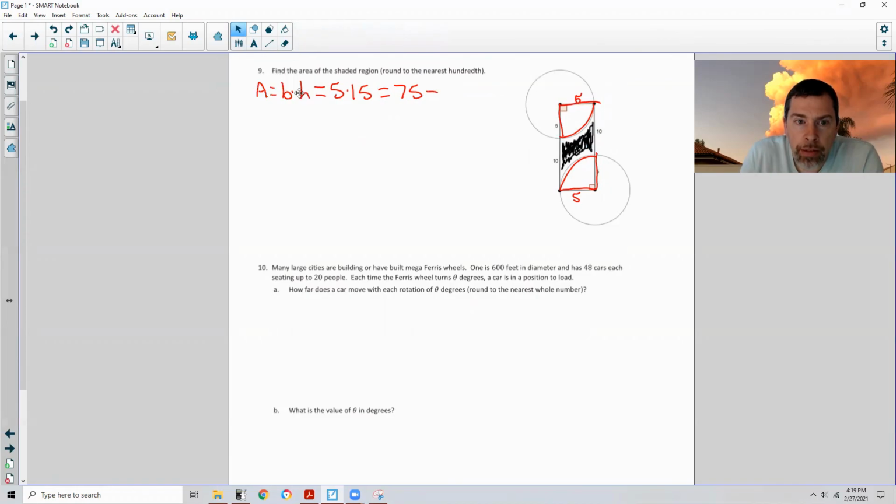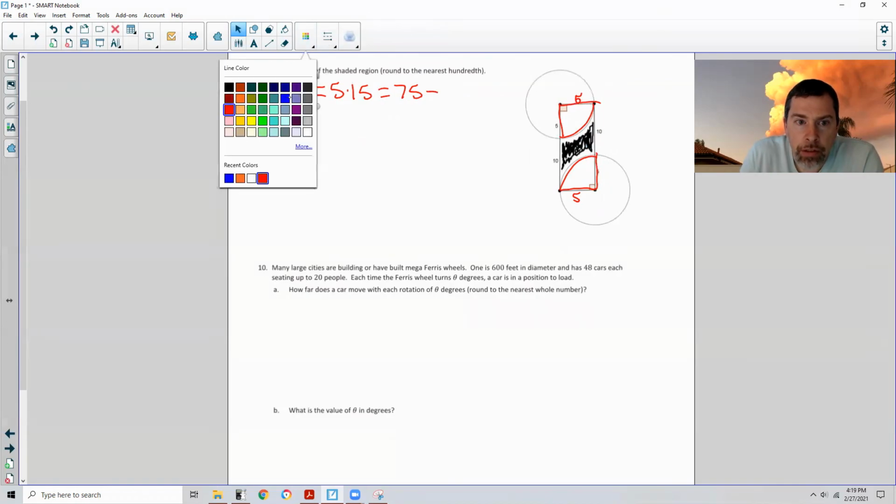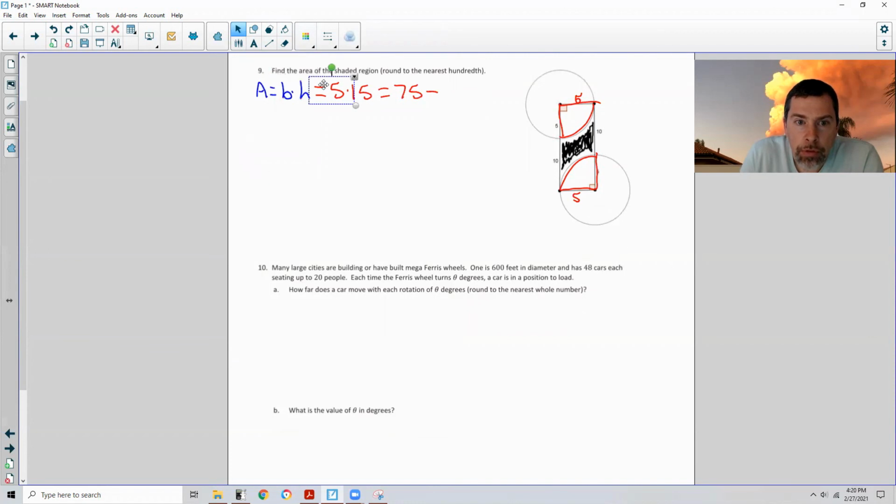And let's make this all a different color. How about blue? Okay, so we got the area of the whole rectangle, which is blue. This is all of this minus those two reds will give me that. Okay, so I'm just doing it with color.